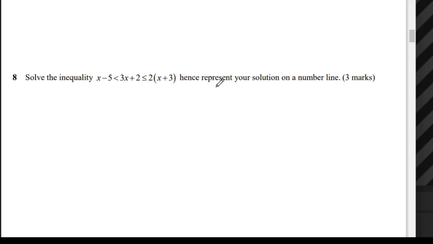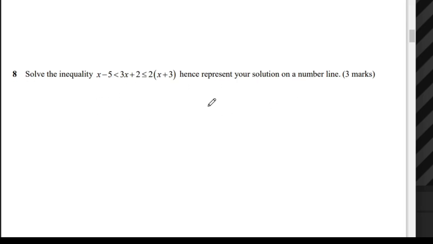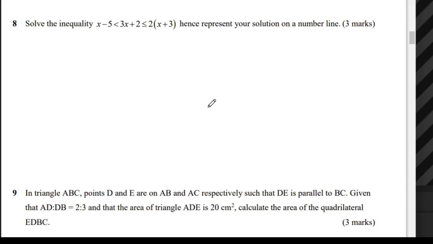Solve the inequality, hence represent on a number line. I can take you through this one very fast. Here we have two parts. You solve the first part first, and then you solve the other part. So here you will say x minus 5 is less than 3x plus 2, like terms together.